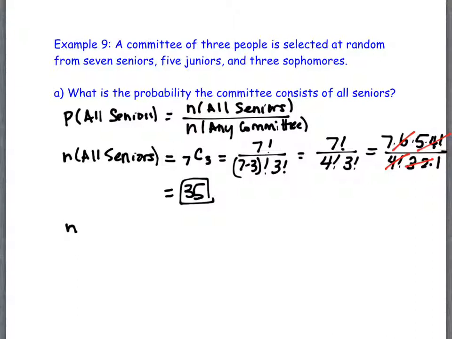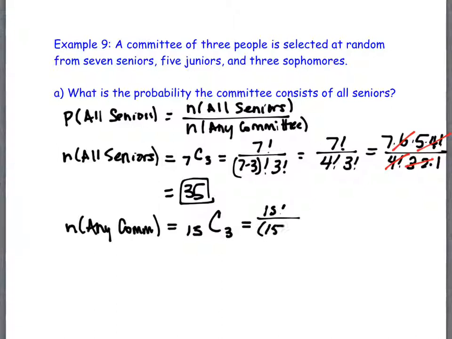The next thing I want to do is the number of ways of getting any committee. How many people are applying to be on these committees? 15. Yeah, that's your 15, right, Shelby? The 15 people. But I have a committee of only 3 people, so I'm still only picking 3 of them, from amongst everybody now. So my numerator is 15 factorial.